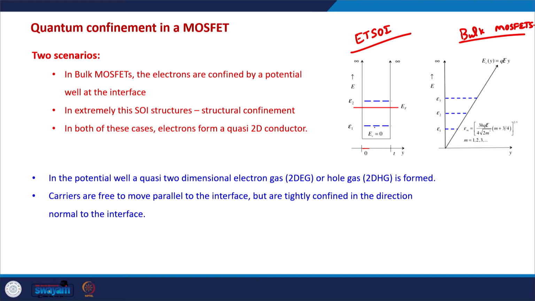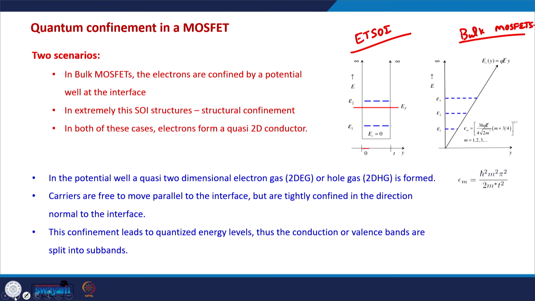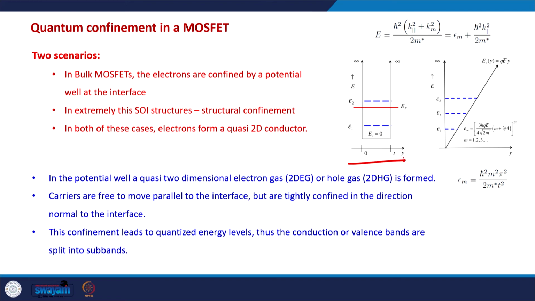The electronic energy levels will be discretized in the y direction, and they may be continuous in the x and z directions. In the y direction, in this kind of potential well, the electronic energy levels are given by this value, as we have seen in the particle in a box situation, that the energy levels are given as h bar square, no, this is not m square, this is n square.